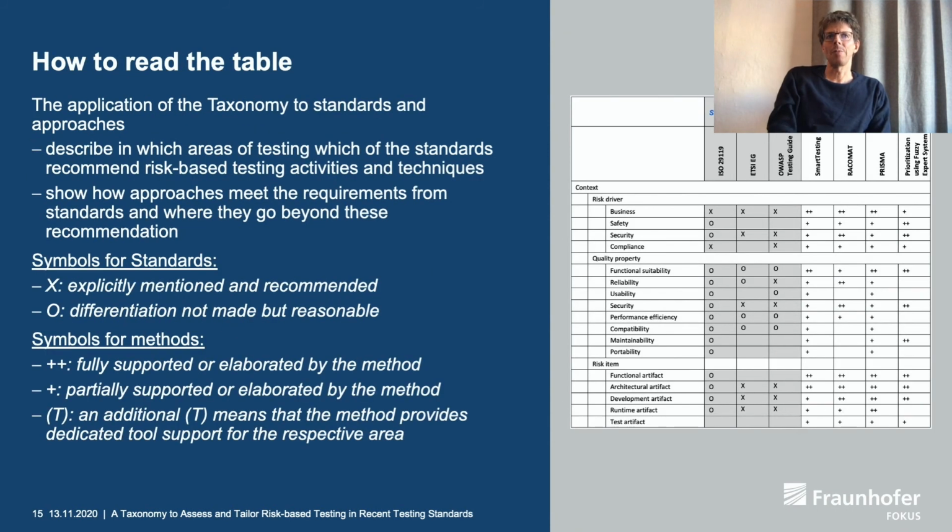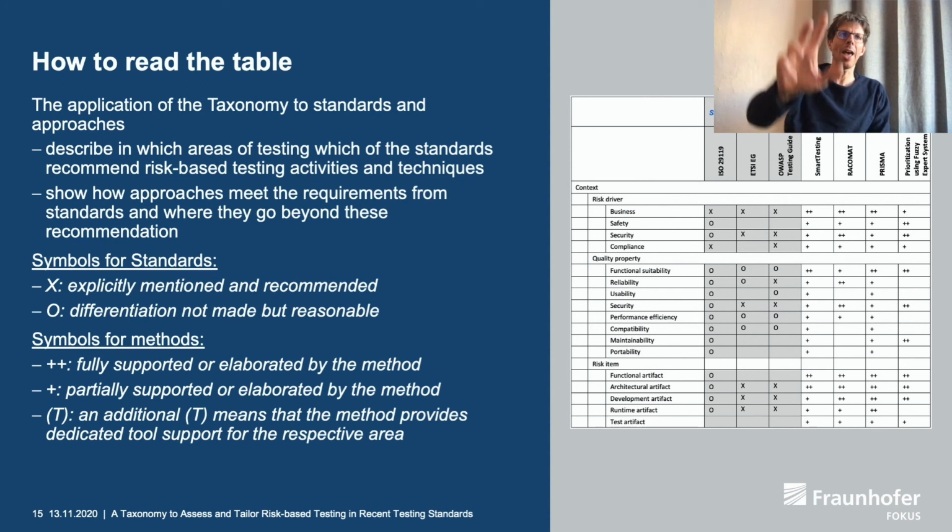And what you can see here is how you should read this table. So we have these different elements of the taxonomy, and for each of these elements we compared standards to approaches. We used for the standards the following symbols.